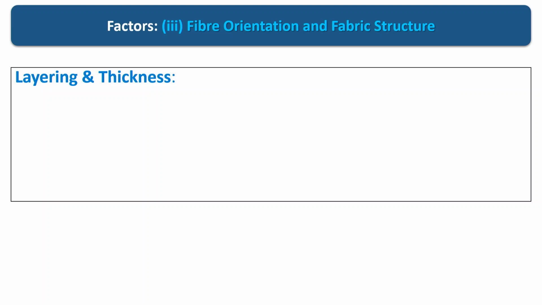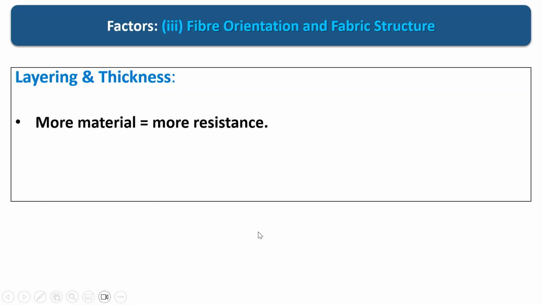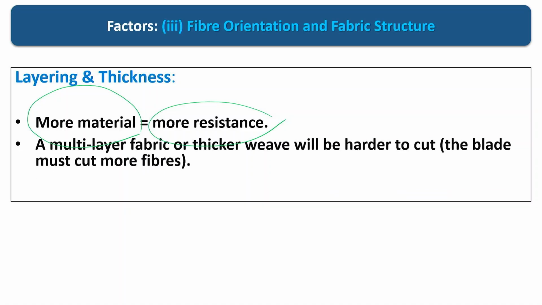Now, by layering or by increasing the thickness also we can manipulate the cut resistance. Because due to increase in layering or increase in thickness, more material is coming into action, more material will give more resistance. So, the multi-layer fabric or thicker weave will give better cut resistance, will be harder to cut, because the blade must cut more number of fibers.